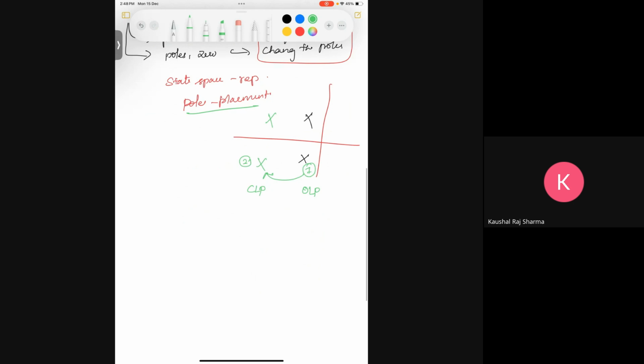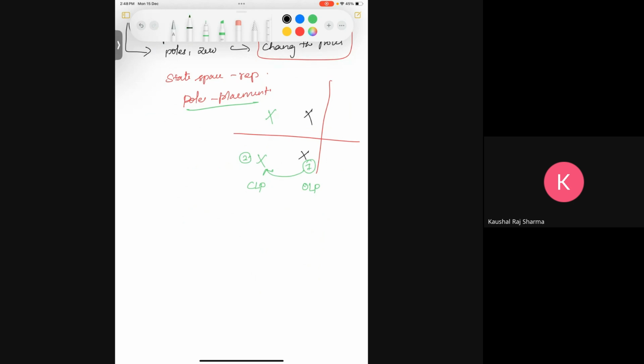In MATLAB, first you have to define the state matrices A, B, C, and D, with D most probably 0. Then you define the pole location, where you want the system poles to be.